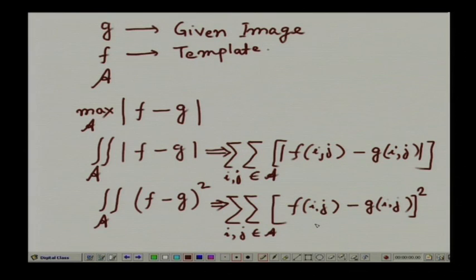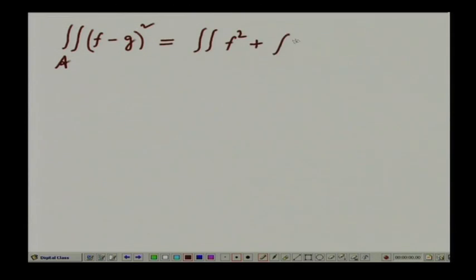Now, out of these three different measures, it is the last one, the integration of (f minus g) squared, that is very interesting. If I expand this term, the double integration of (f minus g) squared over the region A, then this becomes the double integration of f squared plus the double integration of g squared minus 2 times the double integration of f into g.